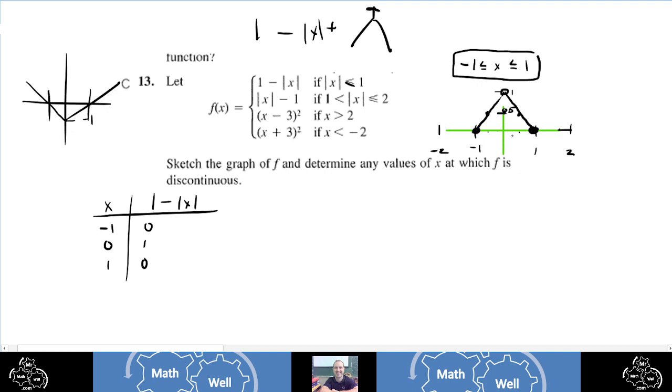Let's do it in blue. It's going to look something like this. Open circle, and then closed circle. No, sorry, up to 2 is closed circle. That's open circle as well. Up there, closed circle there. So this is less than 1, and then it goes to 2.